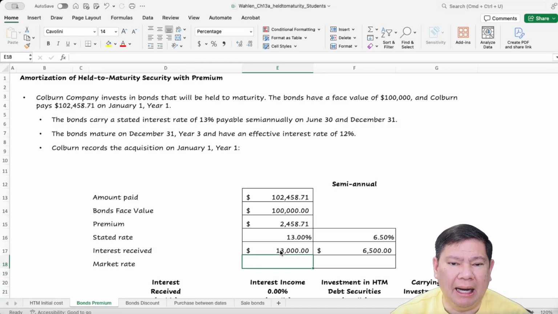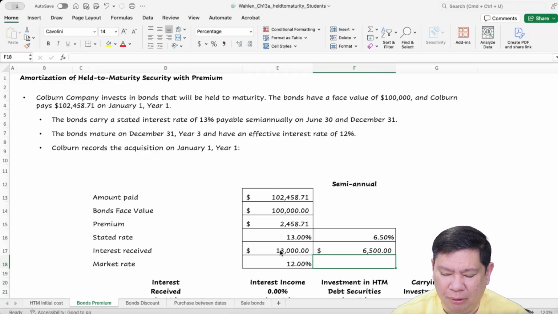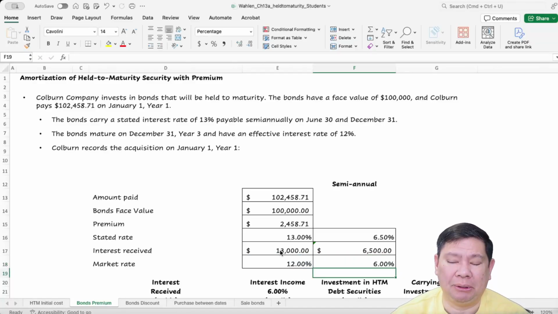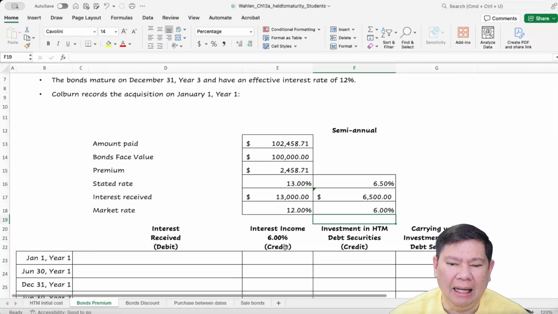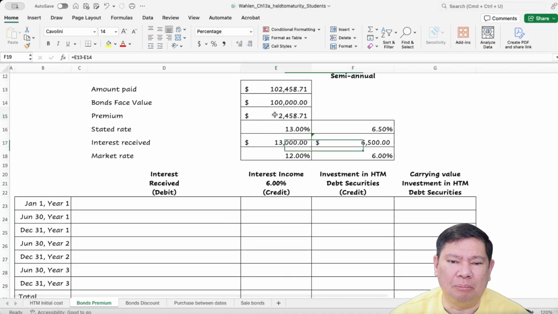The market rate is 12%, and therefore for the semi-annual market rate, we divide that by 2, which is 6%.